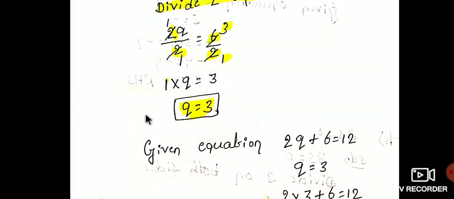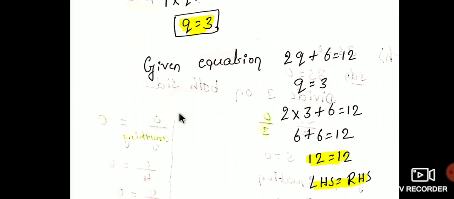We should check whether that is right or wrong. So the given equation is 2q plus 6 is equal to 12. We found that the value q is equal to 3. That means we have to substitute this value here.